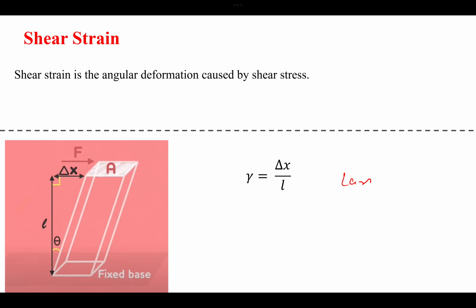Tangent of theta is equal to the perpendicular delta x divided by the base, which is L. If you remember, tangent theta is equal to perpendicular divided by base. So perpendicular is delta x, base is L. It is the same thing as this one, and that is why we can say that the shear strain will also be equal to tangent of theta. I hope that makes sense.